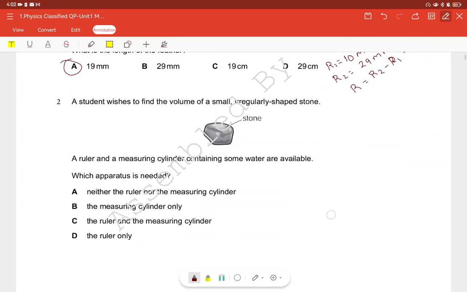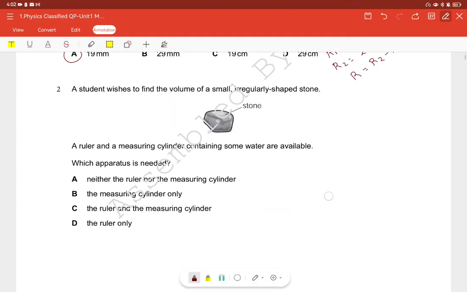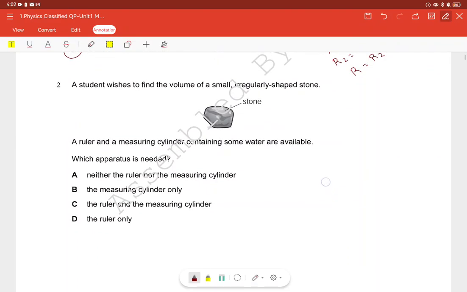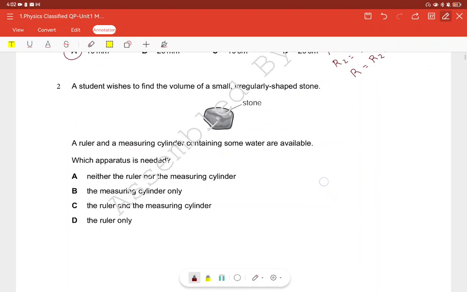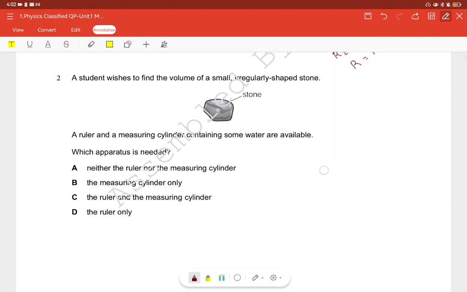Question number 2. A student wishes to find the volume of a small regularly shaped stone. A ruler and a measuring cylinder containing some water are available. Which apparatus is needed? There is a measuring cylinder and a ruler. In measuring the volume, we don't need the length.